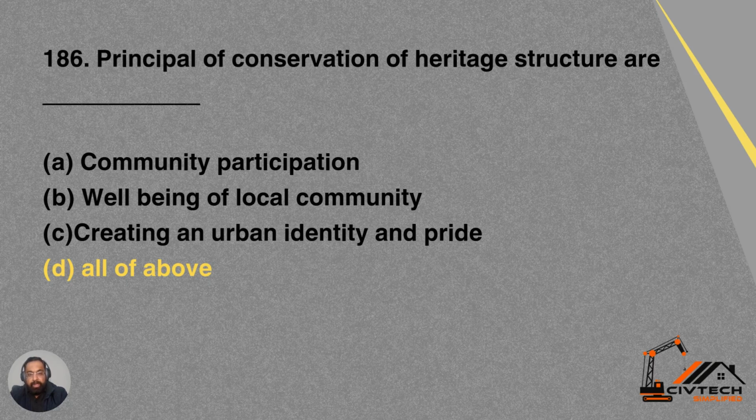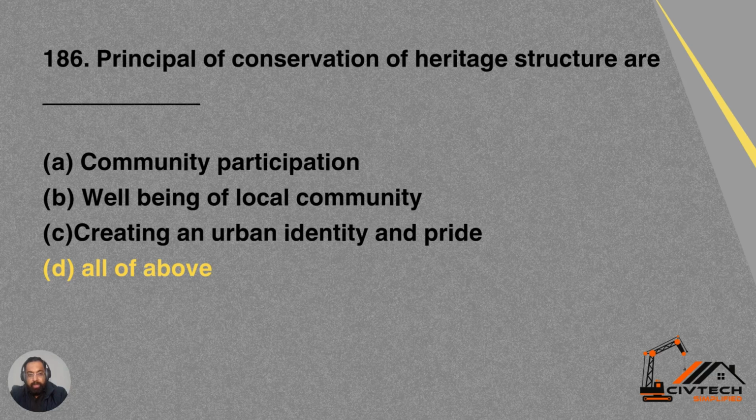186. Principles of conservation of heritage structures are dash. What are the principles of conservation of heritage structures? Option A, community participation. Option B, well-being of local community. Option C, creating an urban identity and pride. And option D, all of the above. So all these are the principles of conservation of heritage.